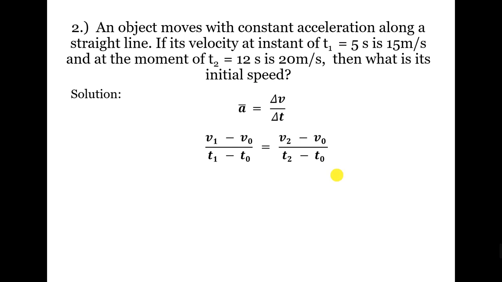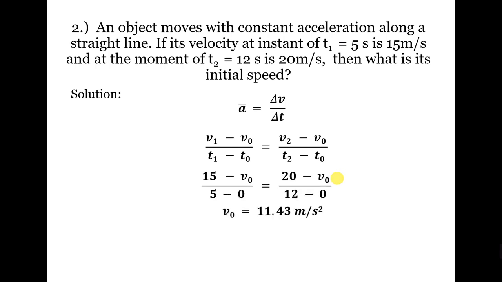Then apply the average acceleration definition at time intervals of time 0 with time 5 seconds, and time 0 with time 12 seconds. Then substitute all the values to the newly created formula. Now the result is 11.43 meters per second as the initial velocity of the object.